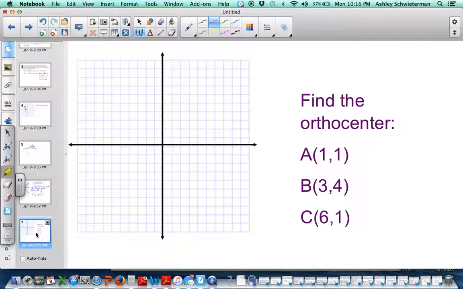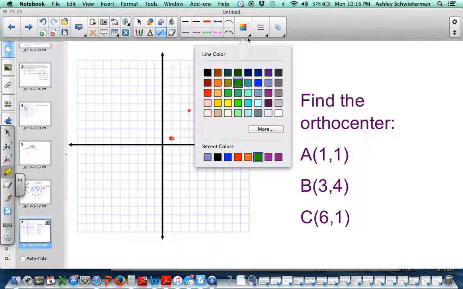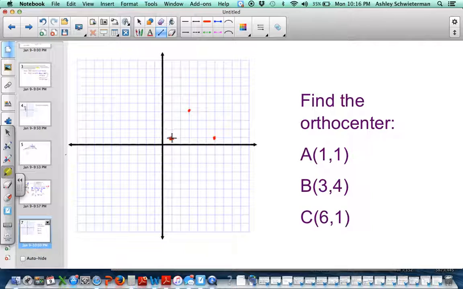Last problem. Find the orthocenter. So at 1, 1, there's a point A. At 3, 4, there's B. And at 6, 1, there's point C. The orthocenter is the point where the altitudes intersect.